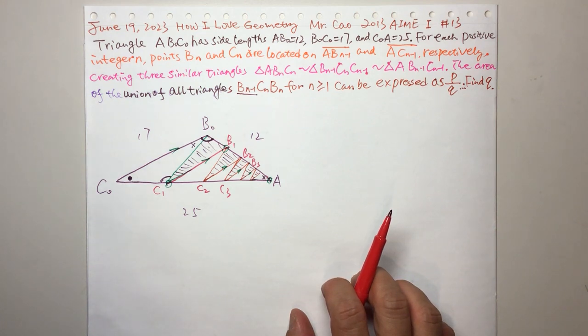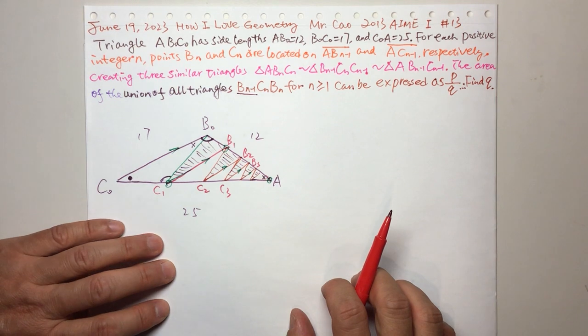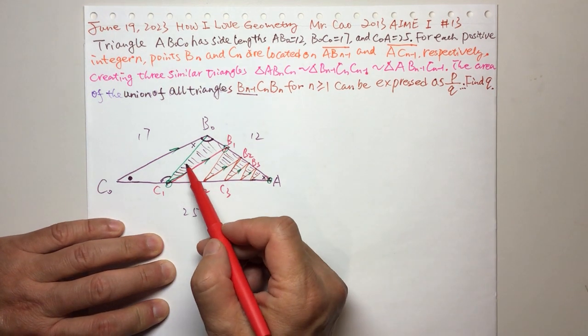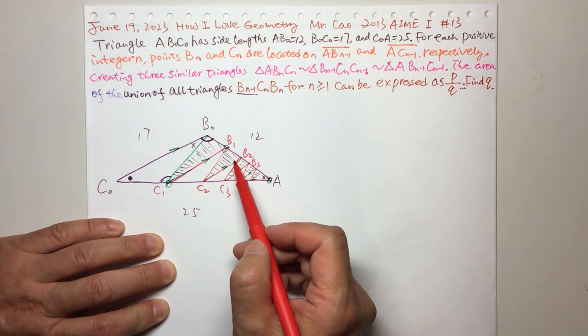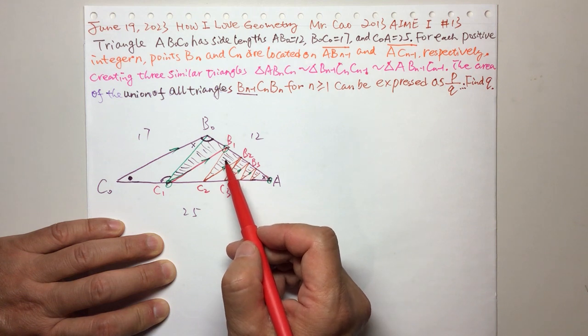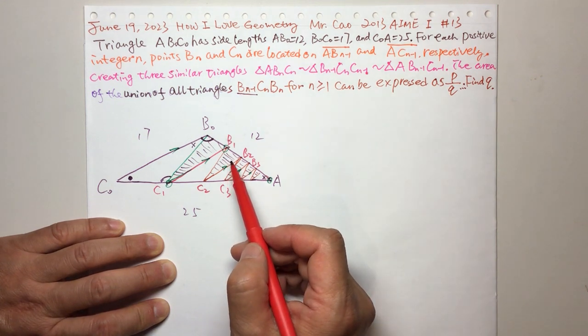Regularly the common ratio will be less than 1. For this example, it's obviously less than 1, so we can find the sum because this sequence converges, right?